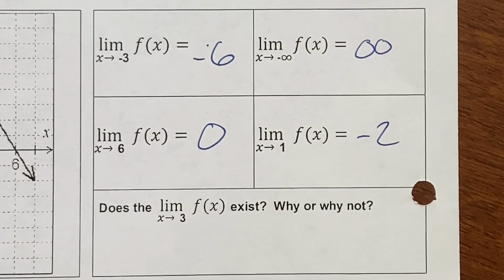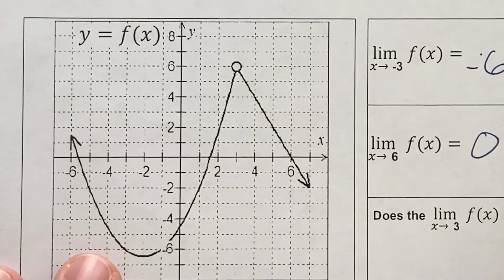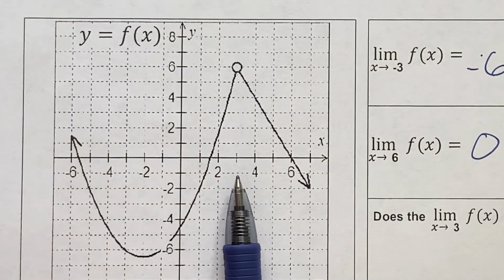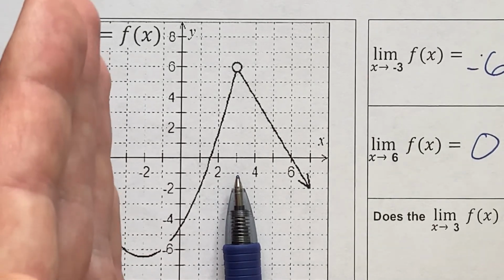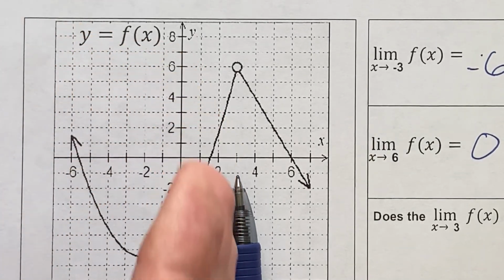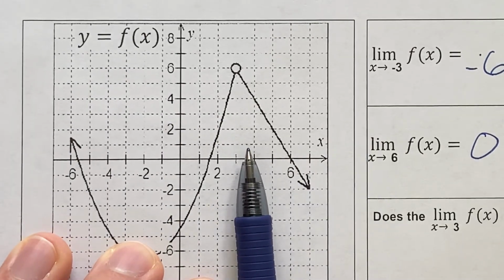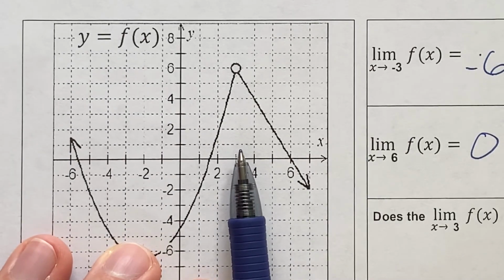Does the limit as x approaches 3 of this function exist? Why or why not? So of 3, oh man, there's the hole. All right, x equals 3. From the left side, what am I getting really, really close to? 6. From the right side, I'm getting really, really close to 6.